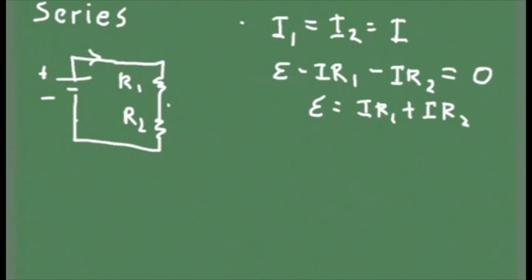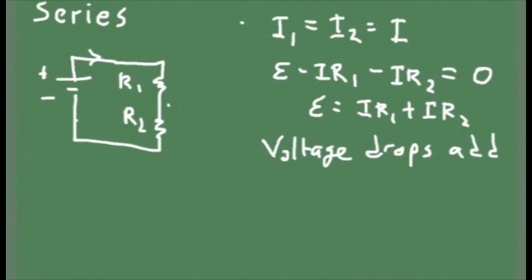So that wouldn't be different. Those are the major properties of a circuit in series. The voltage drops add, and the current is the same.